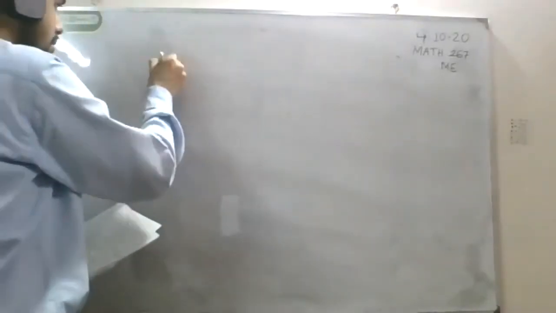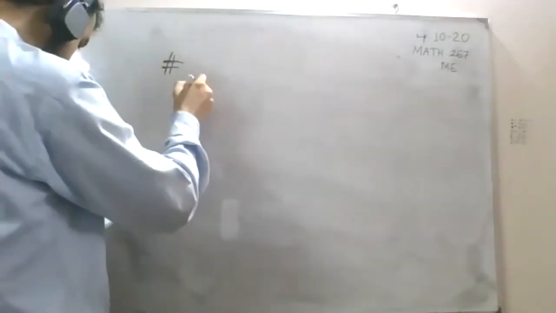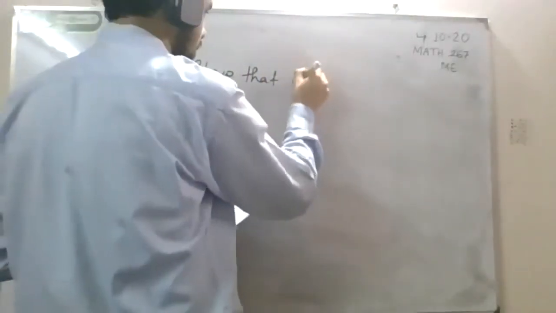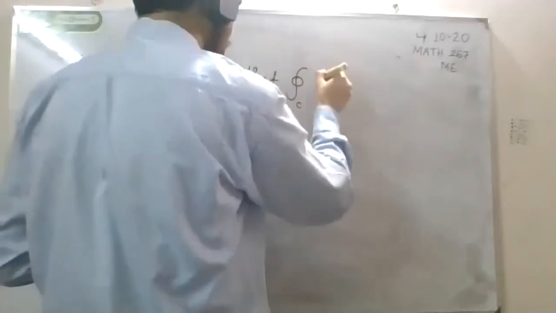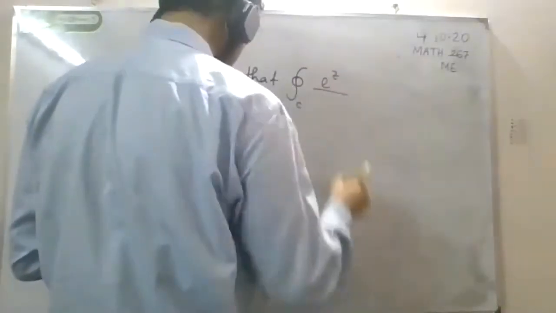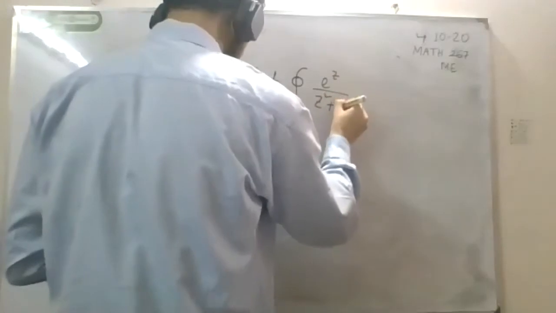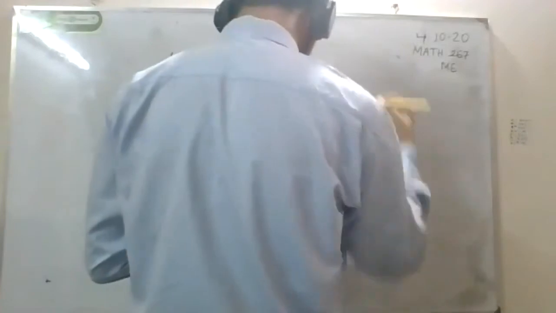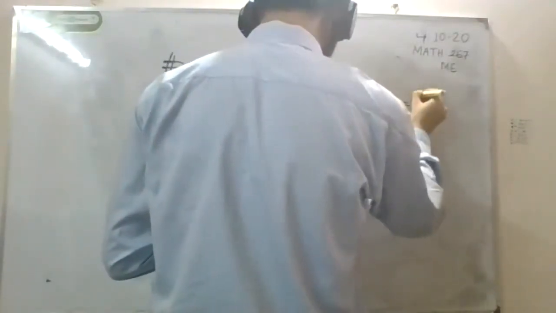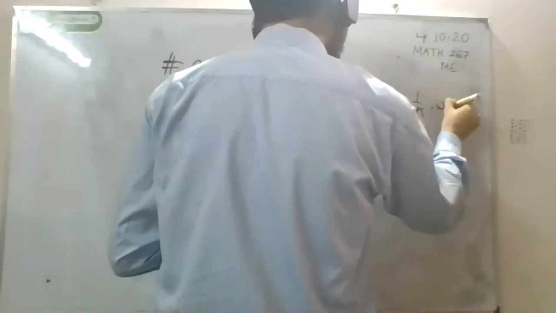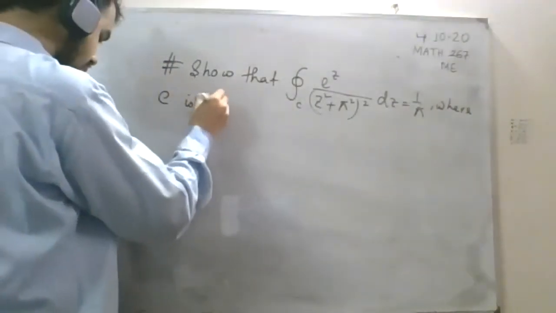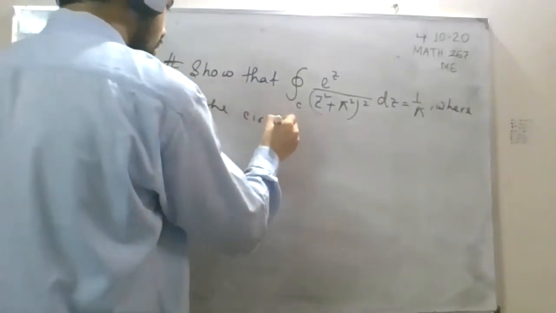Just take a look, this is also important, which is: show that, where C is the circle.